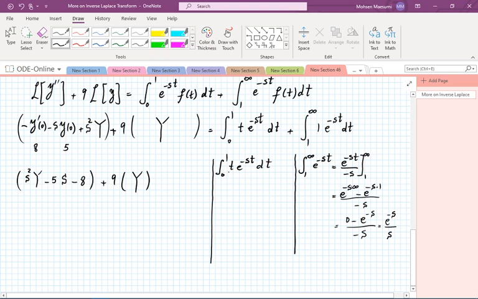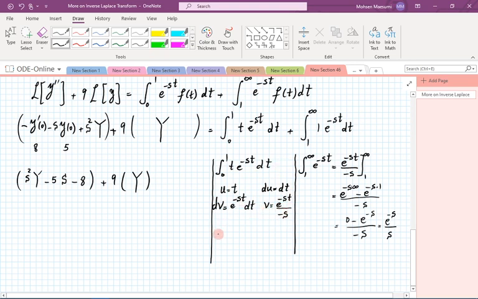We had done this problem before. If you want to refer to that, or if you want to start from scratch, use integration by parts. So u is equal to t, dv is equal to exponential of minus st dt. So du is dt, and v is exponential of minus st over minus s.